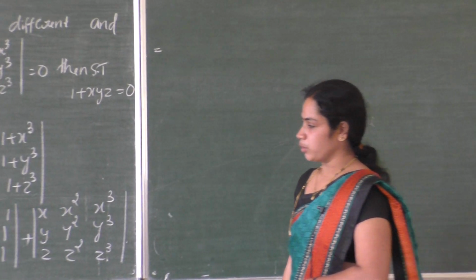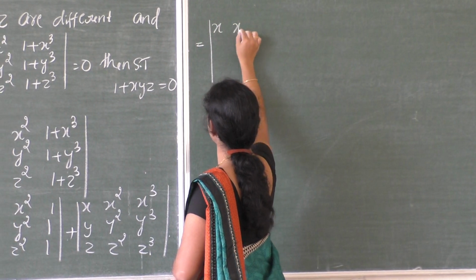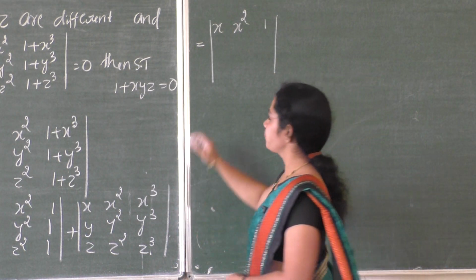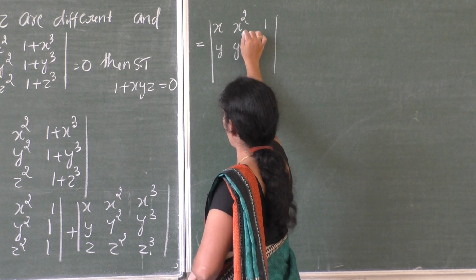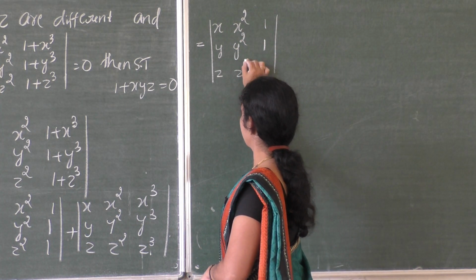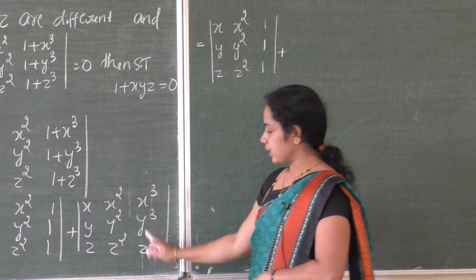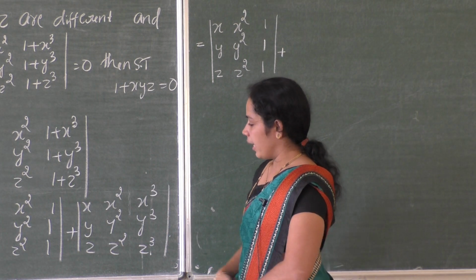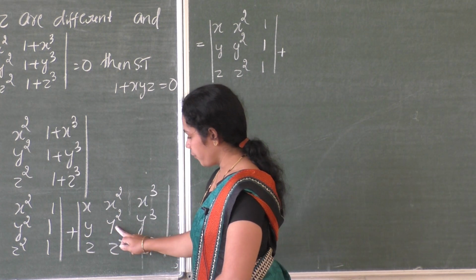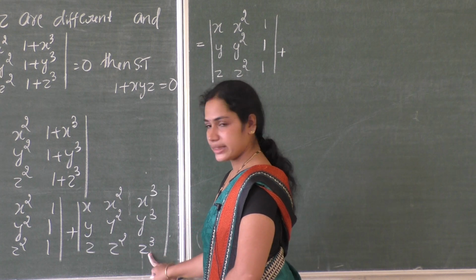Now this is equal to the first one written as it is, x, x square, 1, y, y square, 1, z, z square, 1 plus, say the second determinant here, x, x square, x cube, y, y square, y cube, z, z square, z cube.